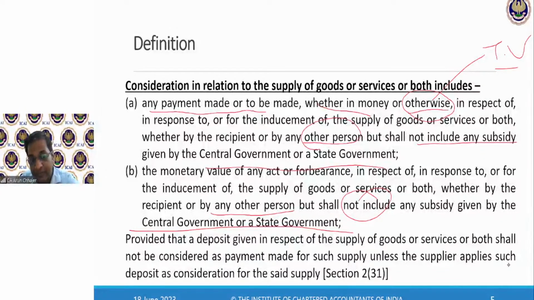Further, it says that a deposit given in respect of the supply shall not be considered as payment made for such supply unless the supplier applies such deposit as consideration for the said supply. So a security deposit is not consideration. A subsidy given by the government is not consideration. But whether payment is made in money or otherwise, whether it is given by the recipient or by any other person on behalf of the recipient, it will be consideration.